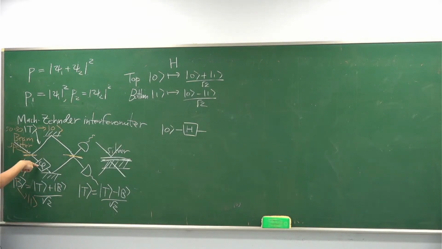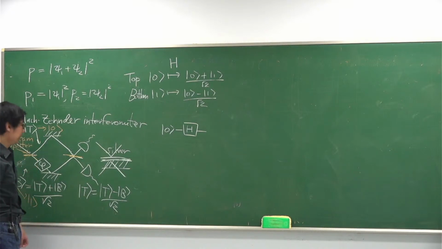And since the phase here only affects the bottom part, in other words, the one state in our qubit picture, this is equivalent to a z rotation, right?